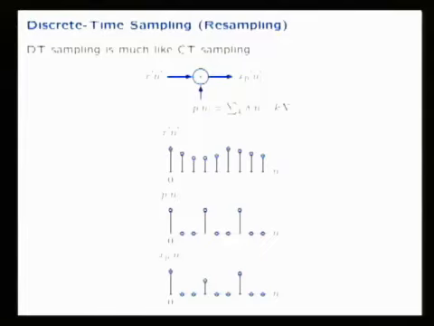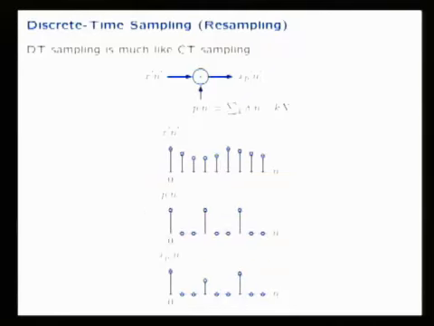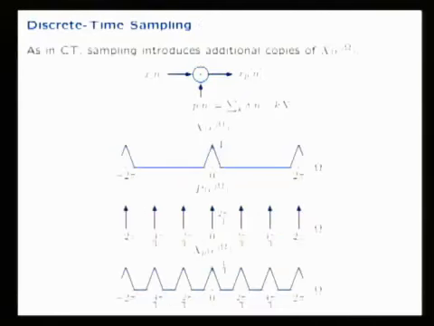And as I said before, it should come as no surprise that the math for thinking about this sampling process is virtually identical to the math that you need to think about the CT sampling problem. In particular, the key is to think about the Fourier representation. If this were the Fourier representation of the original signal, we have to think about the Fourier representation for the sampling signal, the infinite unit sample train.